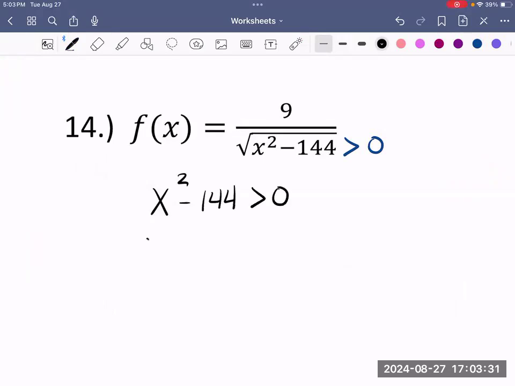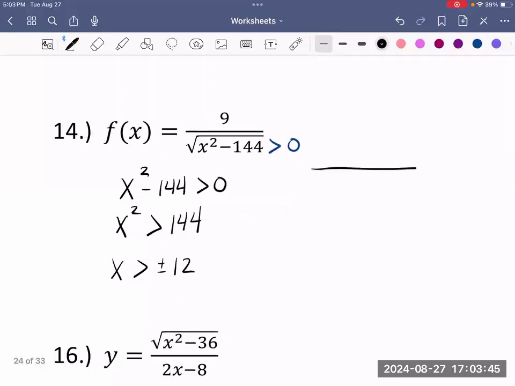So we can do it two ways. X squared is greater than 144, which then just means when we take the square root, we're both positive or negative 12. Now, because we are not able to be equal to these values, we are going to be skipping over negative 12 and 12.